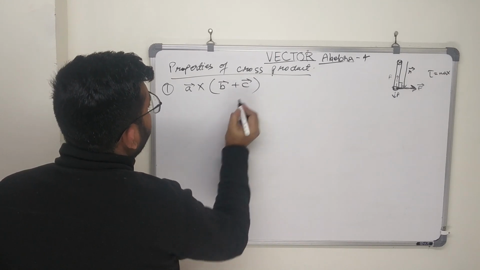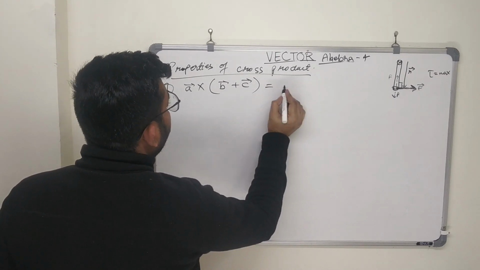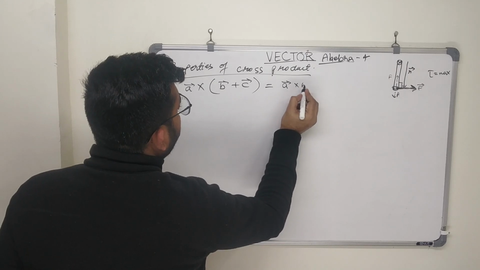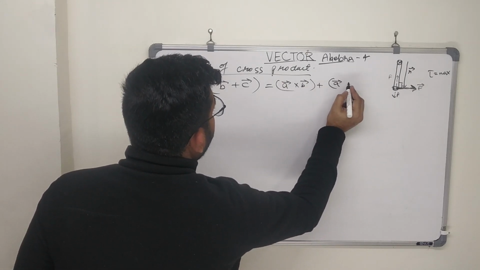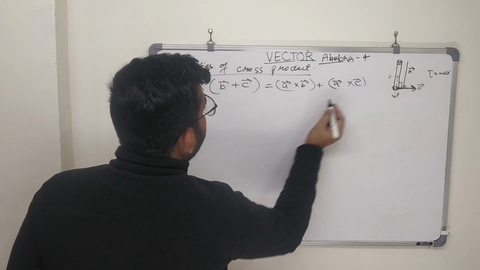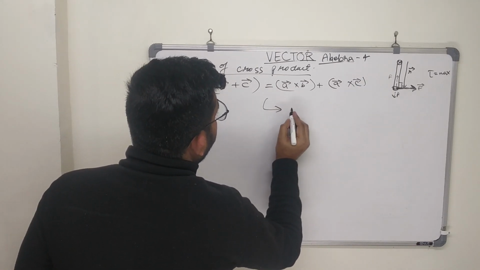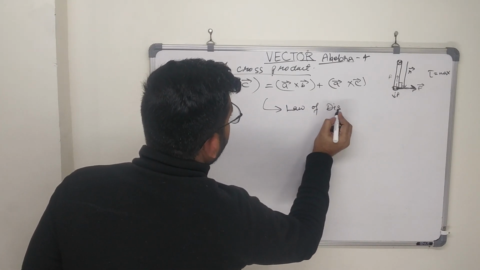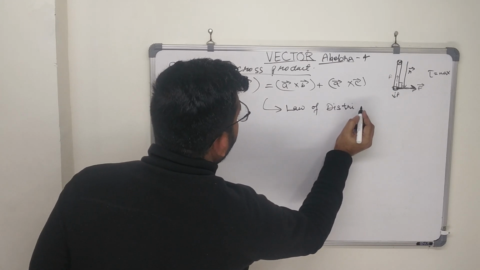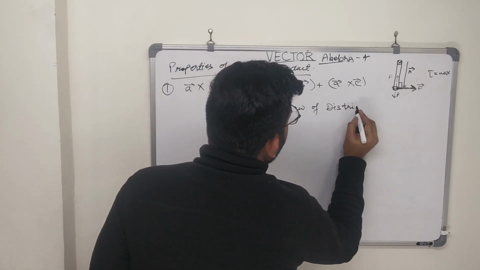So this can also be equated to A vector cross B vector plus A vector cross C vector. So you can say this is the law of distributivity.